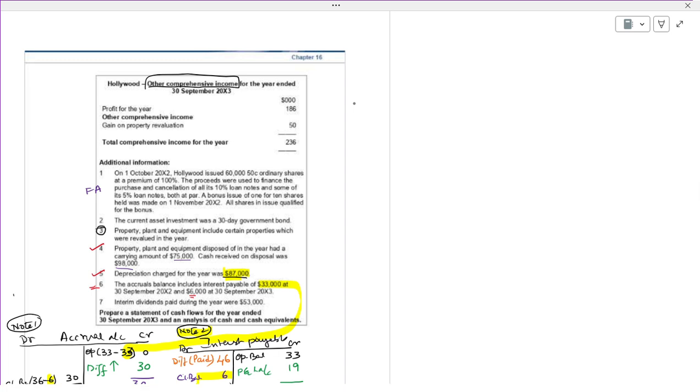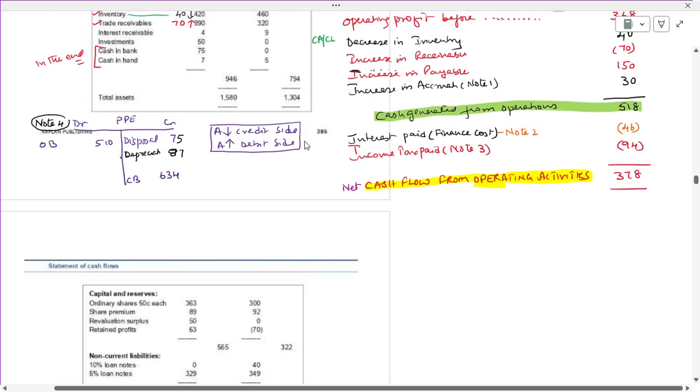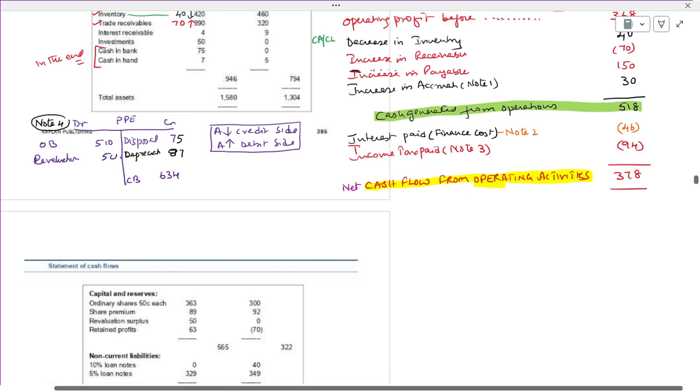Gain on property revaluation is 50. If the revaluation value increases, asset increases, so it is the debit side. Rule is rule. Revaluation is 50.